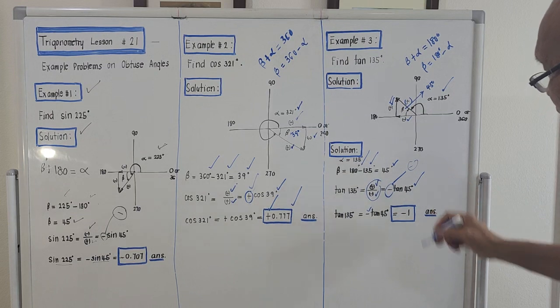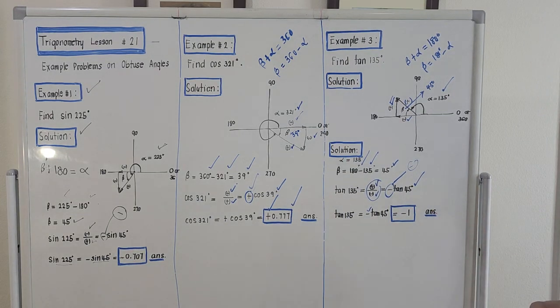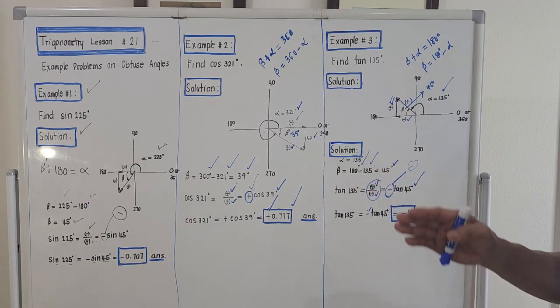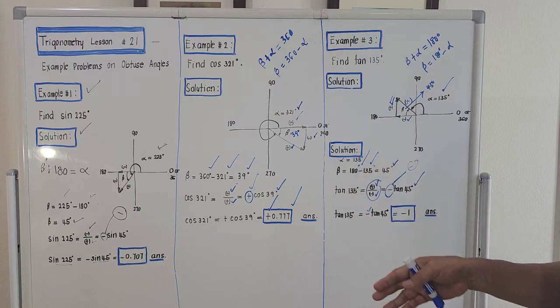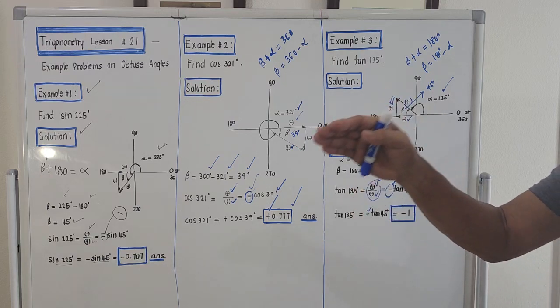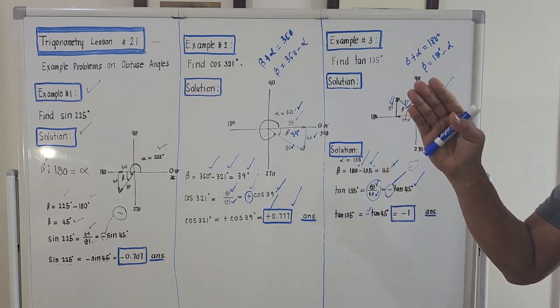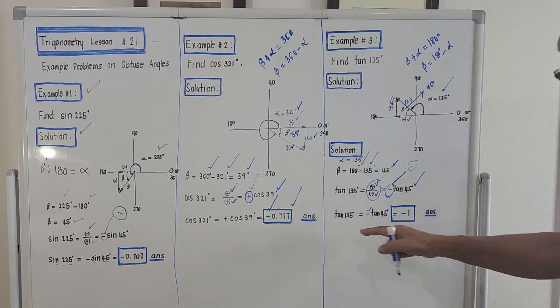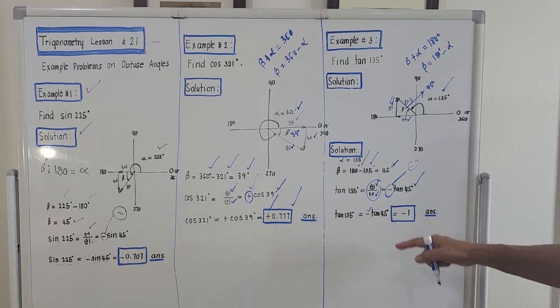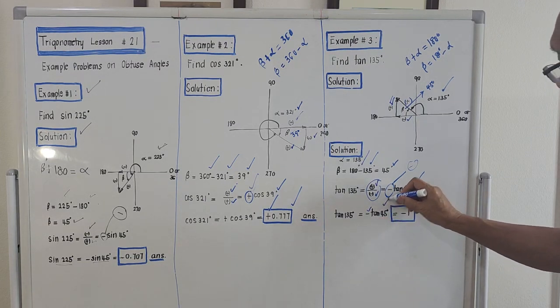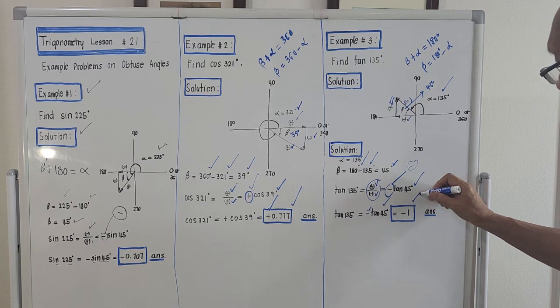If you bring out your calculator, tangent of 45 is a special angle. It should be 1 because sine of 45 is 0.707 and the cosine is 0.707. So tangent will be 0.707 over 0.707, or 1. So the tangent of 135 degrees is equal to negative tangent of 45 degrees, which is equal to negative 1.